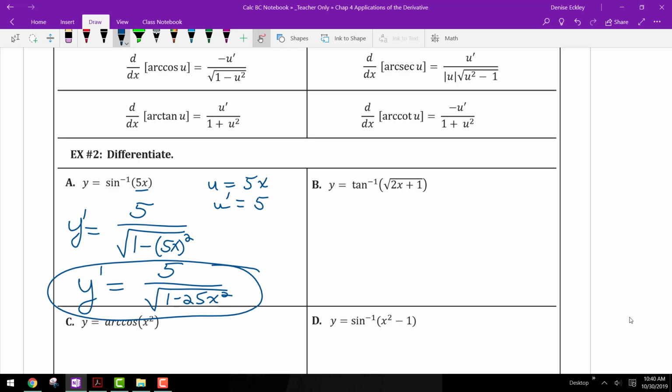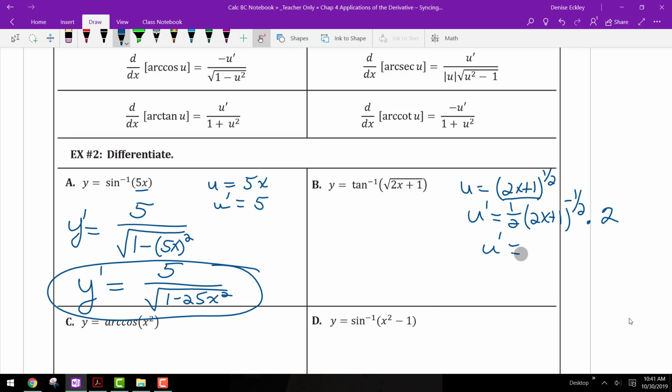Okay, same thing with letter B. So we are going to let u equal, and I'm going to write it this way, 2x plus 1 to the 1/2 power. So u prime, and again we have a chain rule in a chain rule. So we're going to have 1/2 times 2x plus 1 to the negative 1/2, and then times the derivative of 2x plus 1, which will be 2.